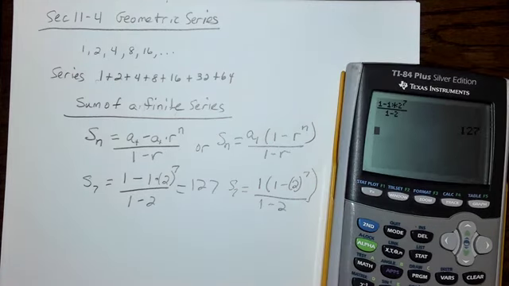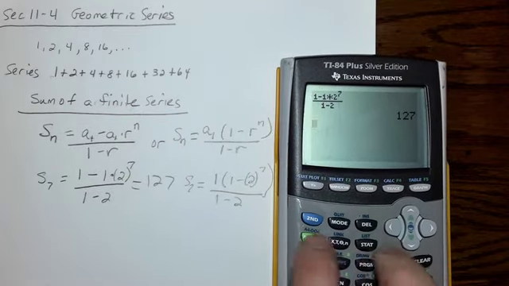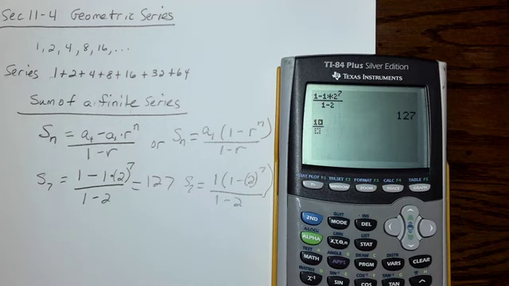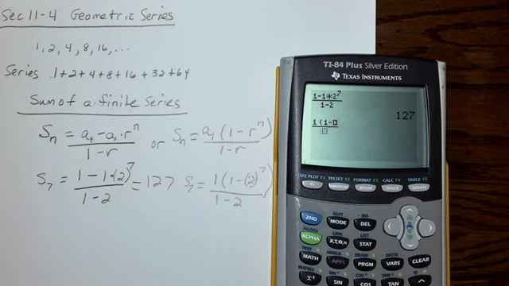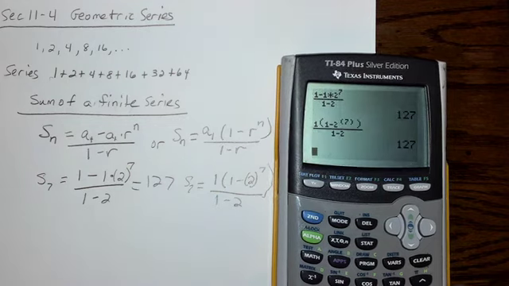Put that in the calculator. Again, alpha y equals a fraction, 1 times 1 minus 2 raised to the 7th, and on the bottom, 1 minus 2. I'd still get the same answer.